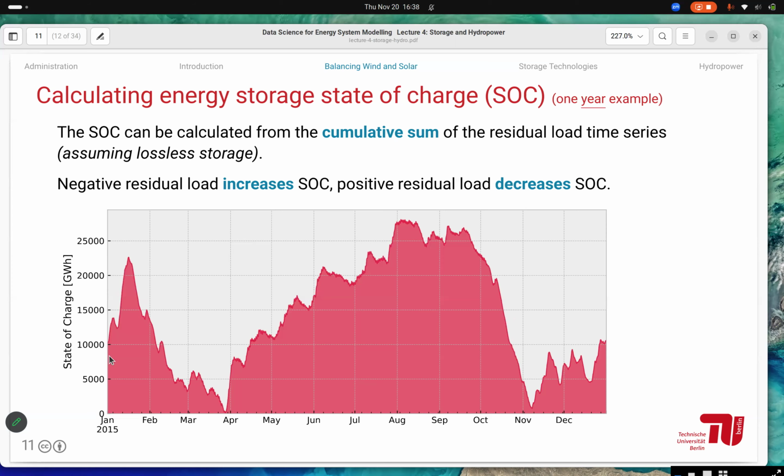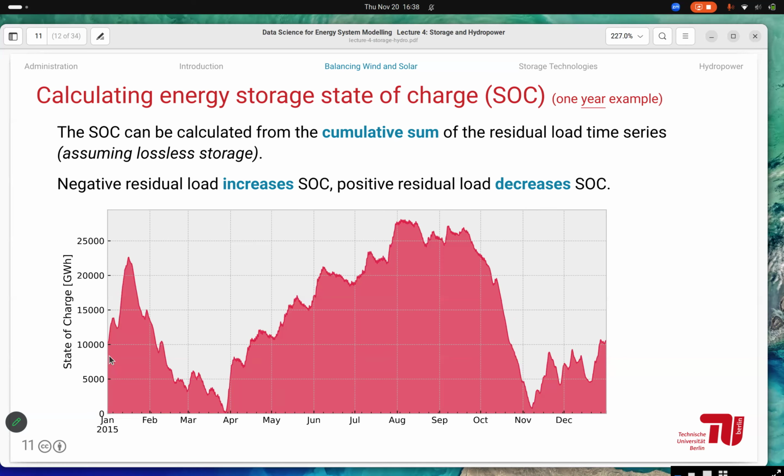And then you say, okay, it's kind of limited scope, and I have no idea what the initial state of charge should be. So I'll just let it be cyclic. So I say whatever the final state of charge in the model is, it should also be the first. And in that way, I kind of close my model, even though the time horizon is limited. That's something that you can do.